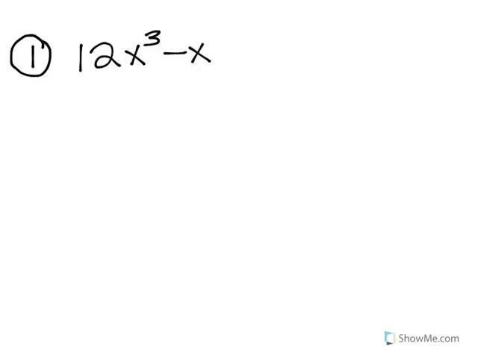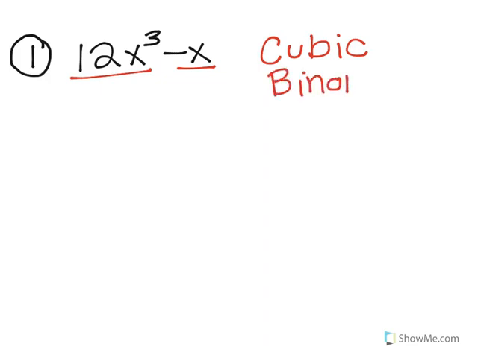Now, the degree name always comes first, so you're going to look at that and say my highest degree is 3. Go back to your chart. What was that called? Well, that was a cubic. A cubic what? There's 2 parts to this name. A cubic, and now we classify by term number. There's 2 terms. So back to the first video, a cubic binomial.